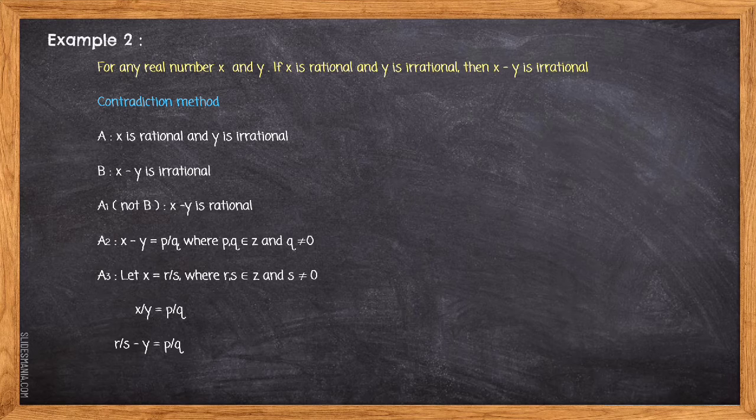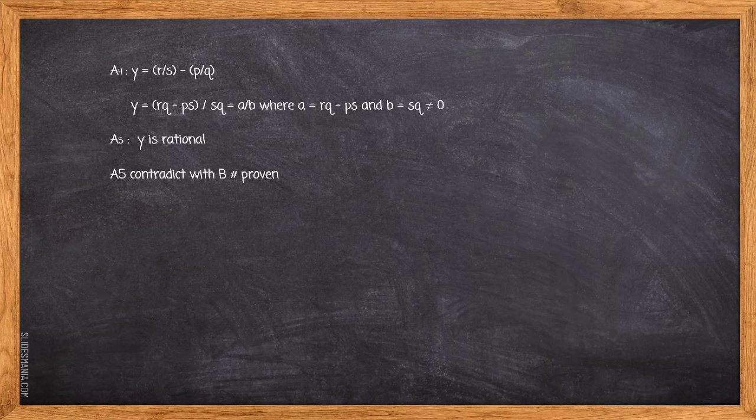A3: let x equal R over S, where R and S are elements of Z and S is not equal to 0. x minus y equals P over Q, so R over S minus y equals P over Q. A4: y equals R over S minus P over Q.